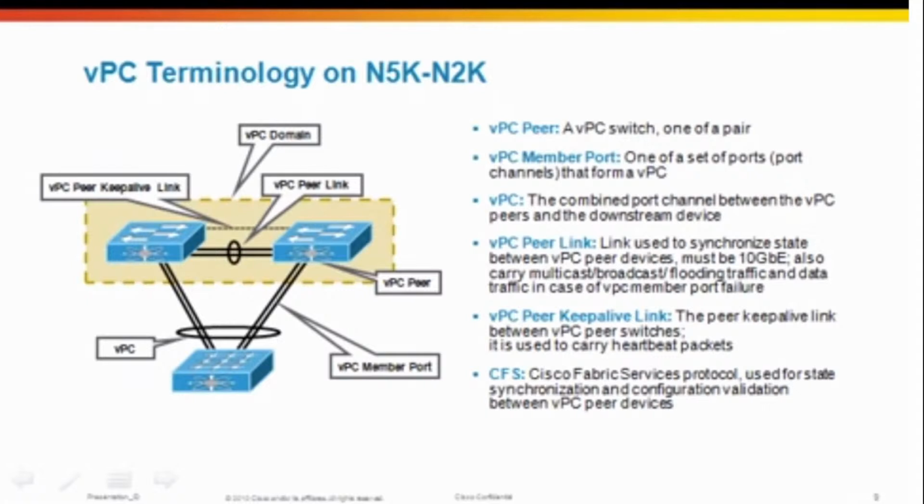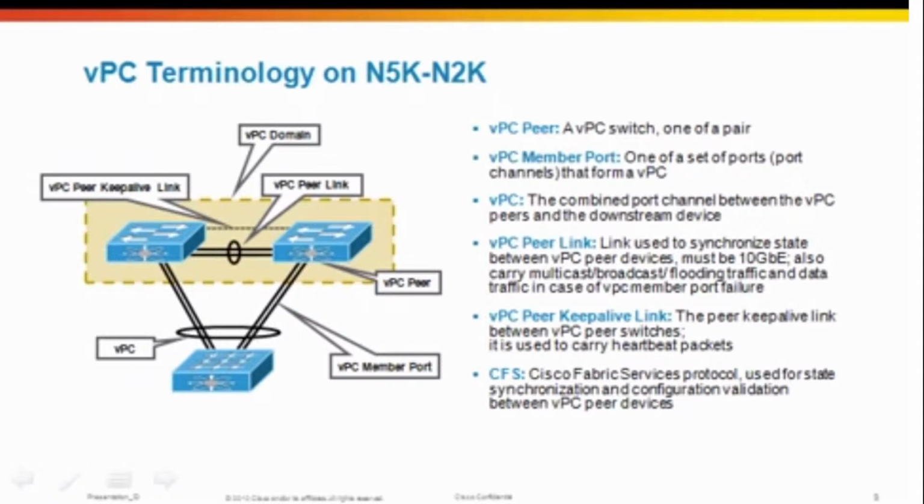A VPC peer link is the link that is used between the VPC peers to synchronize the state and to carry multicast, broadcast, flooding traffic, and data traffic in case of VPC member port failure. There's also the VPC peer keepalive link.